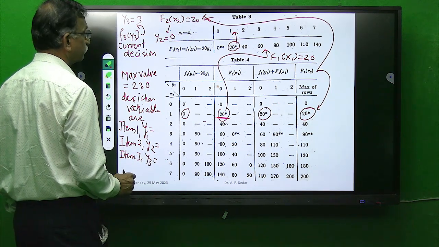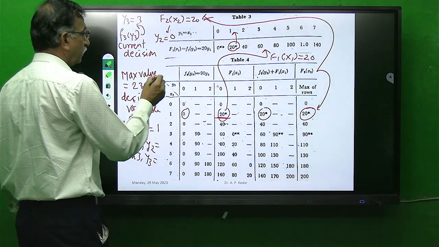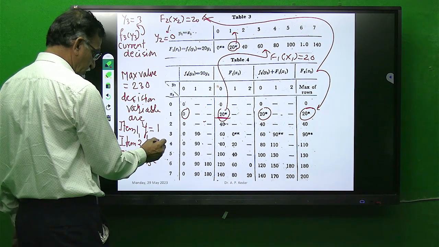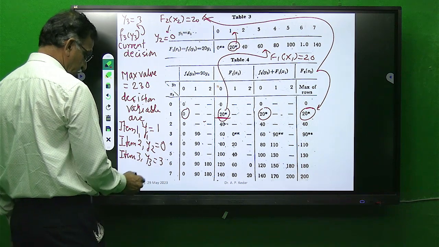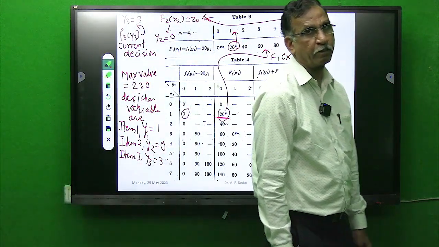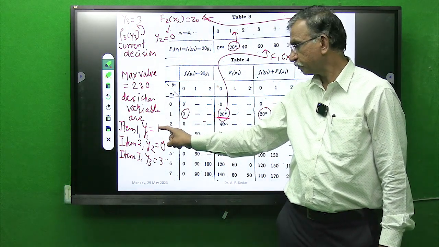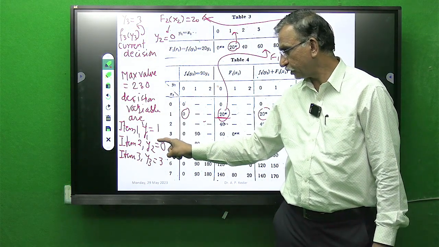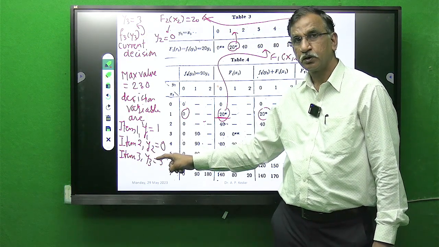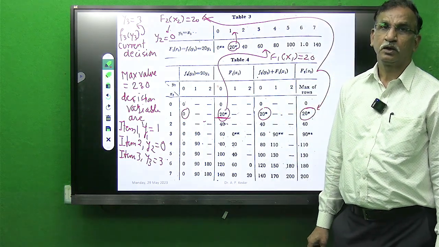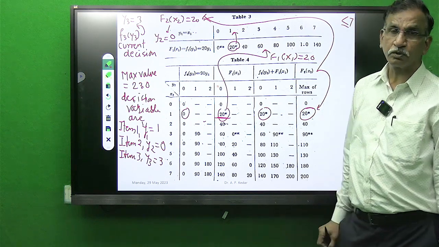So what is the solution, students? y1 is 1, y2 is 0, and y3 is 3. So you have to place 1 unit of item 1, no unit of item 2, and 3 units of item 3, so as to satisfy the weight constraint of 7. If you recall, it was 7.